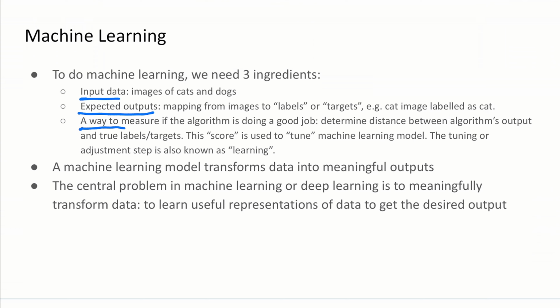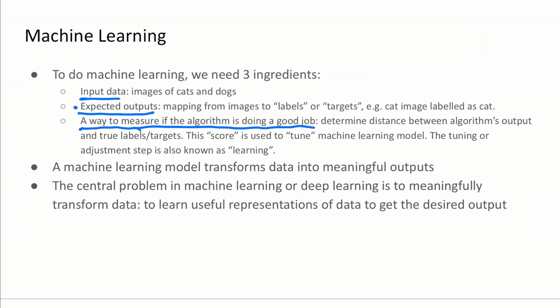And the third one is a way to measure if the algorithm is doing a good job. Now this is very important. This tells us how good your machine learning algorithm is. It's trying to determine the distance between the output of your algorithm and the true labels or targets, the expected output.